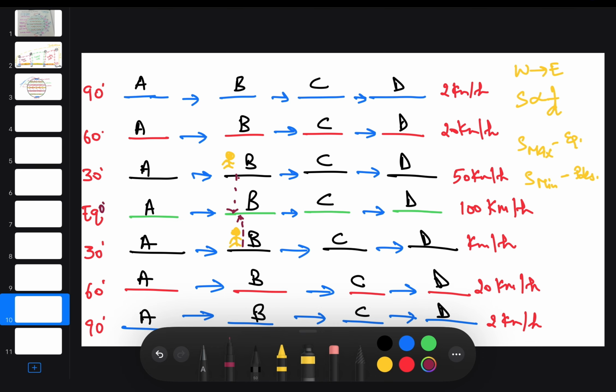From place B he is moving towards the equator, at 30 degrees north and 30 degrees south.